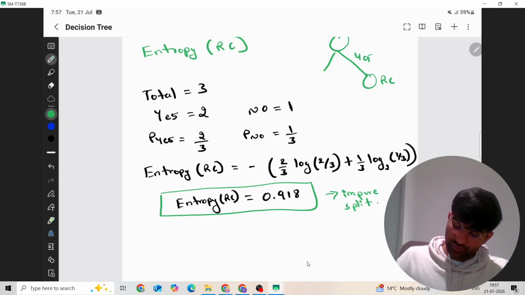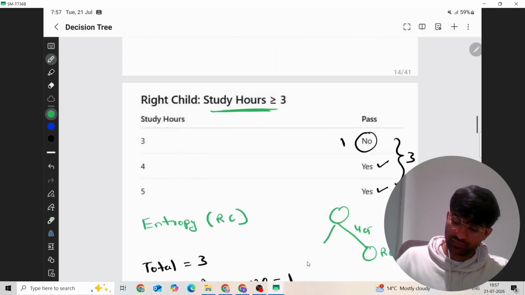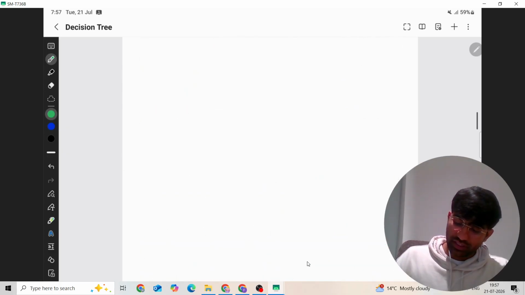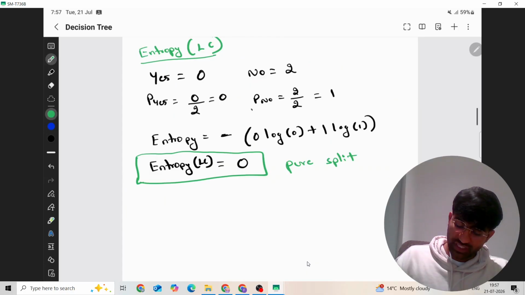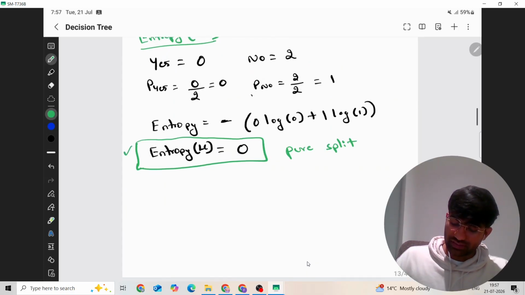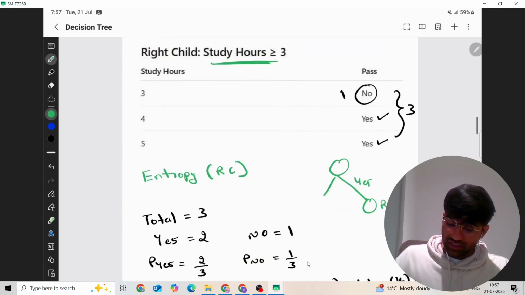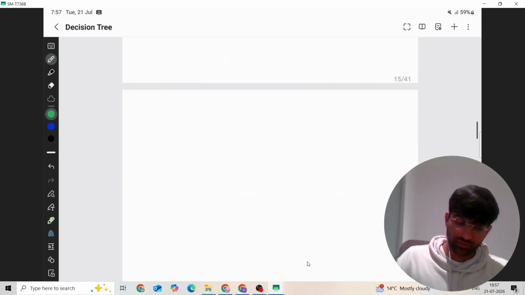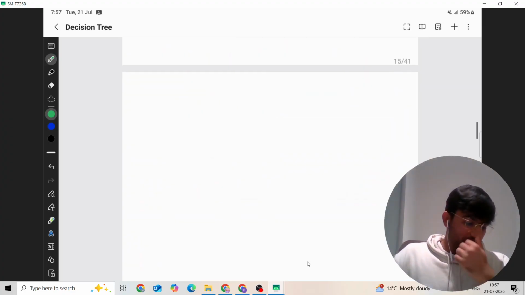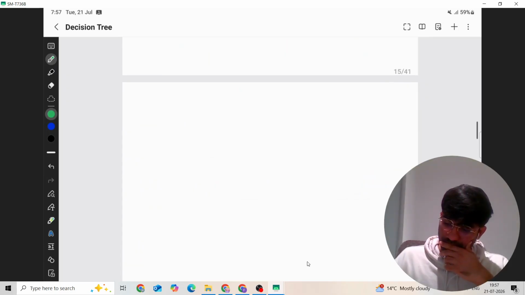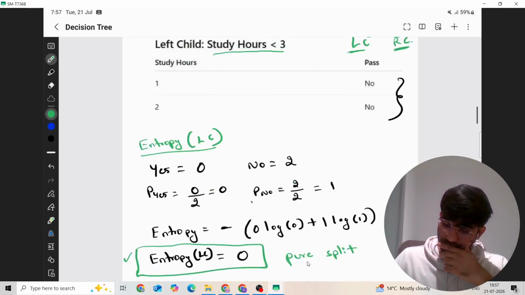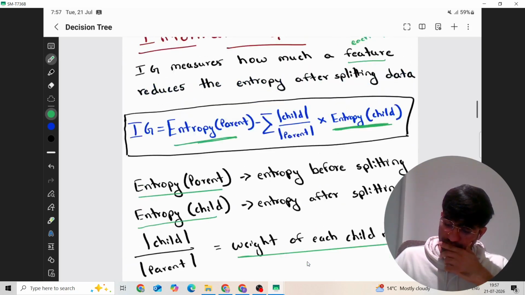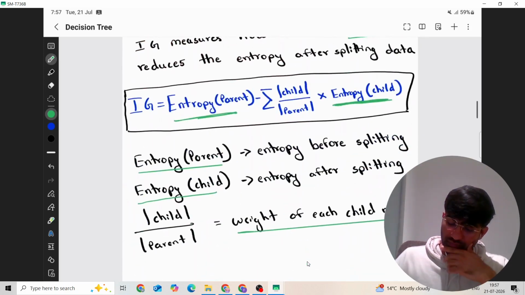We got the entropy of the right child, we got the entropy of the left child. Now let's calculate the information gain. What is the formula for information gain?